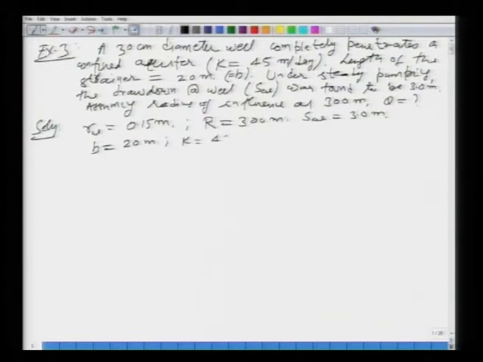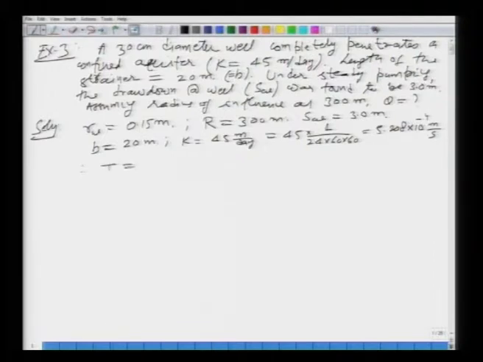K is 45 meters per day, you can convert it into meters per second. We want to find out the things in SI units. So, you have 45 times 1 over 24 hours times 60 times 60, the number of seconds in a day. So, it is going to be 5.208 times 10 to the minus 4 meters per second.